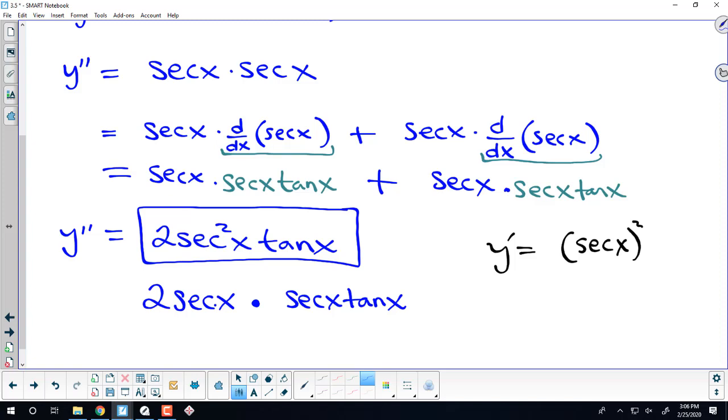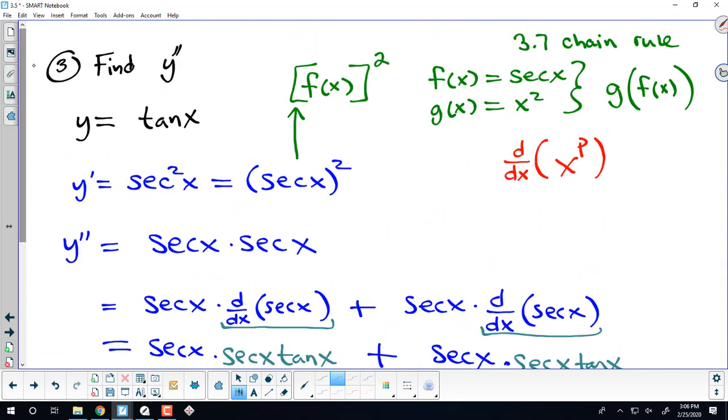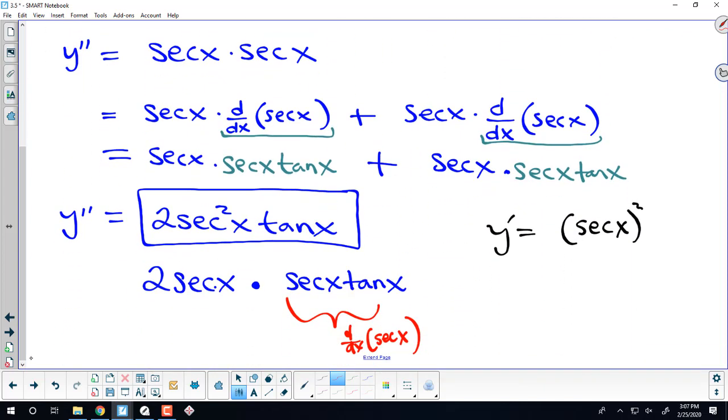We have an additional factor of secant tangent, which we know is the derivative of secant. So if we're applying the power rule, we also have to apply an additional derivative. We could say the derivative of a function squared is 2 times the function, but it has to be multiplied by the derivative of the function as well. And that's essentially the chain rule, which we'll talk about in 3.7. But I think we have the capability to allude to it right now, so that's what we did. Anyone have any questions? Our second derivative is 2 secant squared tangent.